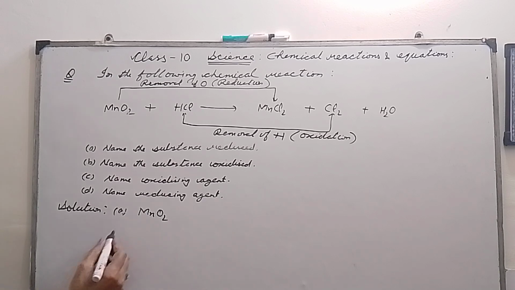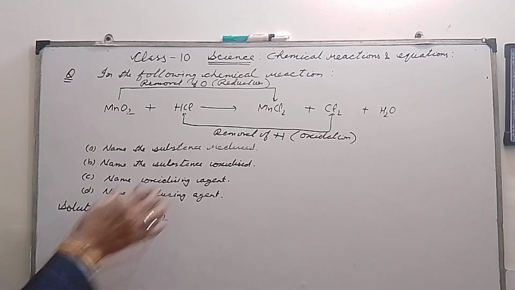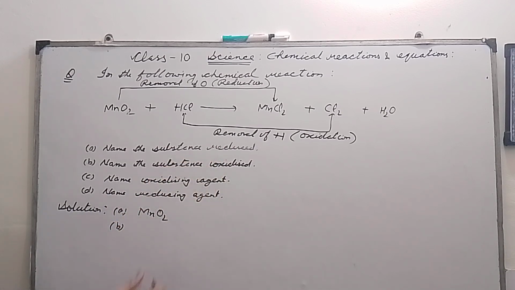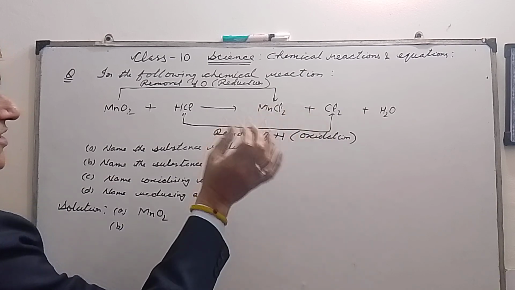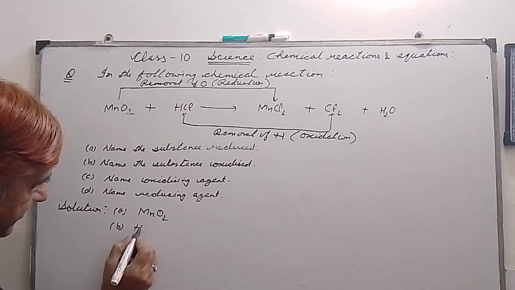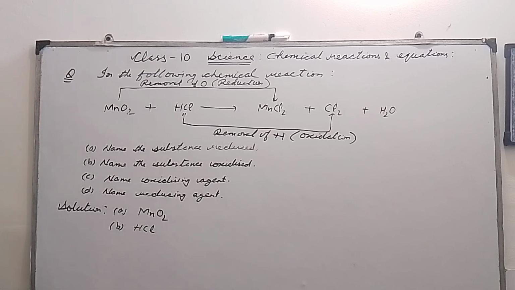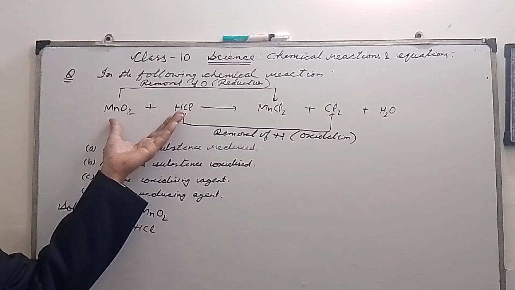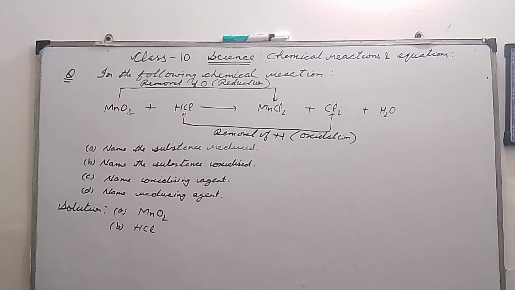Second, B is name the substance oxidized. Now the substance which is getting oxidized, we will see in the oxidation. So HCl, hydrochloric acid. And I have already told you, my dear students, the answers to these questions will be in the reactants. So be careful about this also.